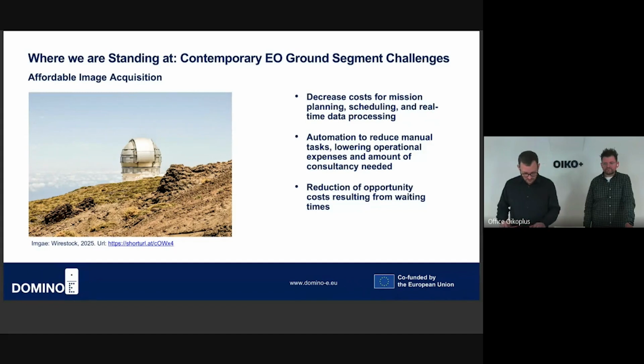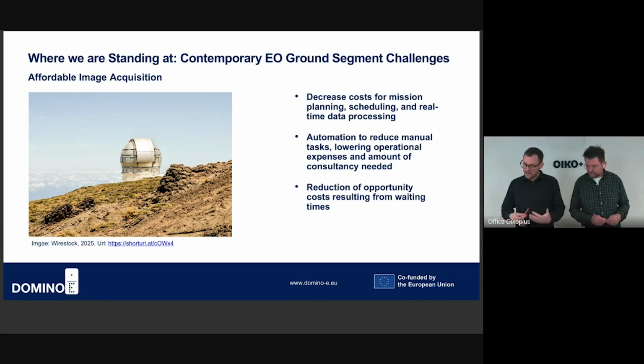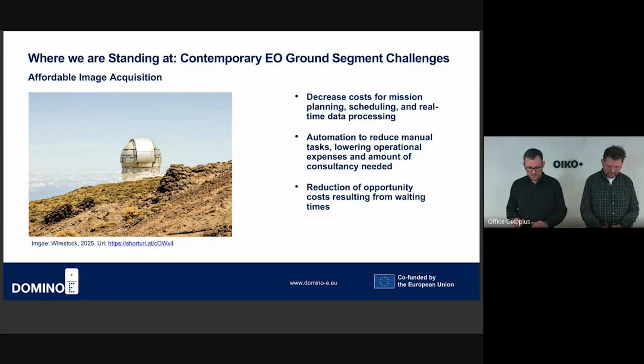And then there is the second demand, for cutting down costs for more affordable image acquisition, asking for automation in mission planning, for reducing the reliance on manual scheduling or even expert consultancy, and finally for lowering the opportunity costs resulting from urgent imaging tasks that are delayed due to rigid systems or resource conflicts.